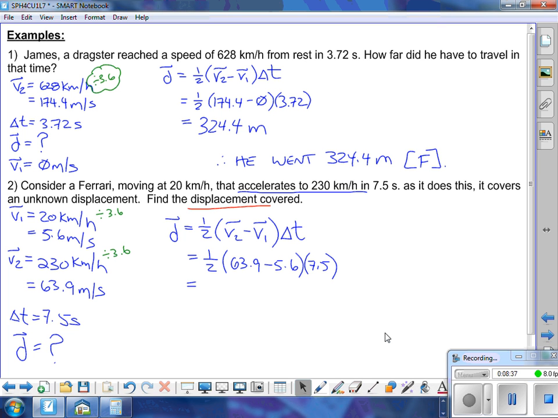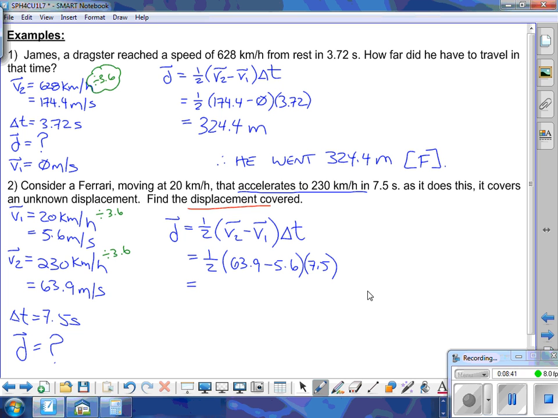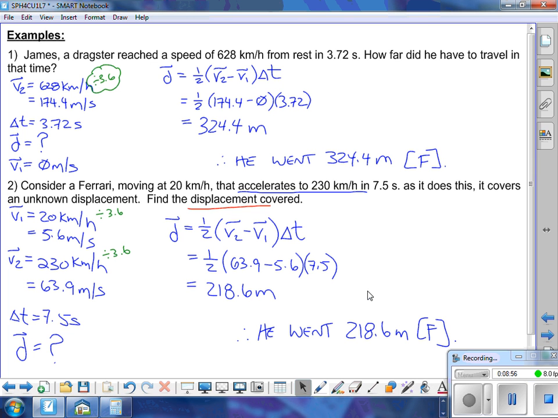So now we just have to plug that into the calculator, and I get 218.6 meters. So therefore, he went 218.6 meters forward. Okay, so it's just kind of a bit of a jigsaw game looking for the right formula.